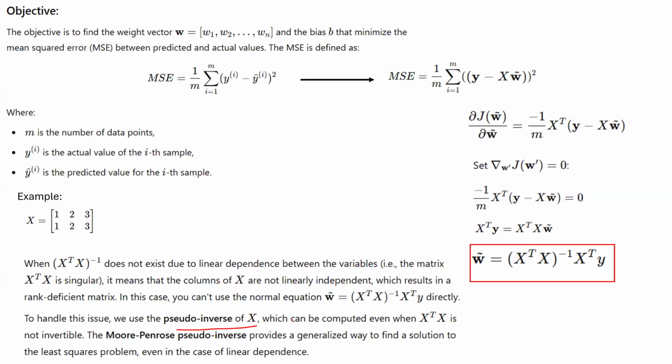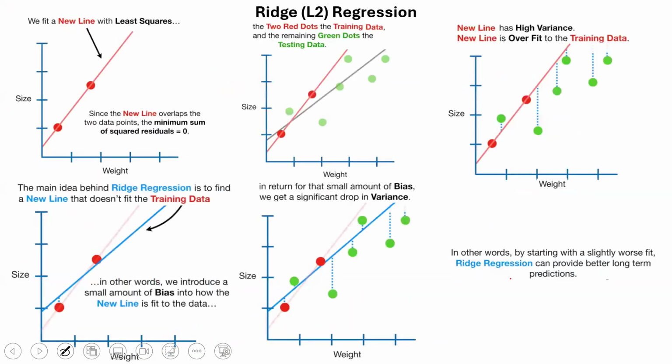Now going back to the next slide. To avoid this problem of not being able to calculate the transformation, you have something called ridge regression. In the last session when we were seeing the interview questions, you have seen L1 regression and L2 regression, right?